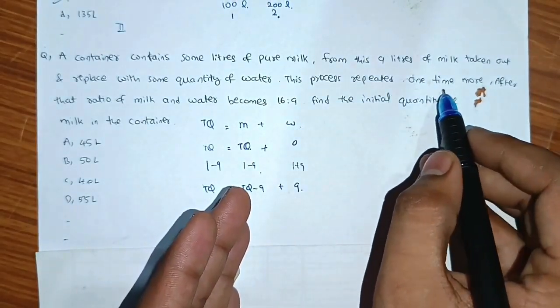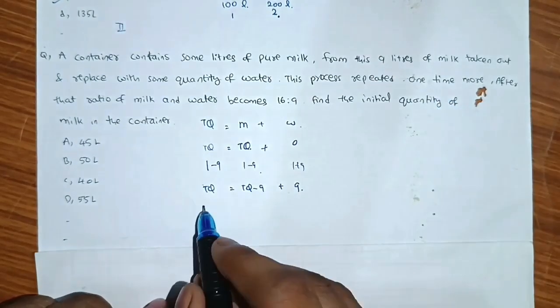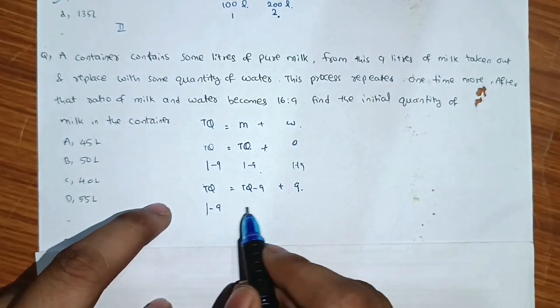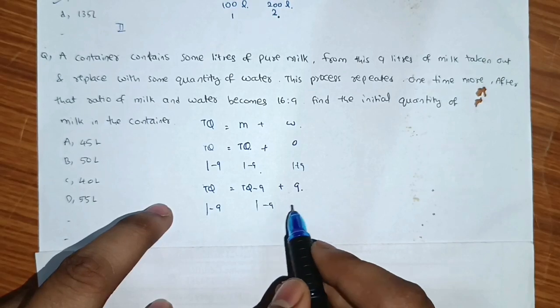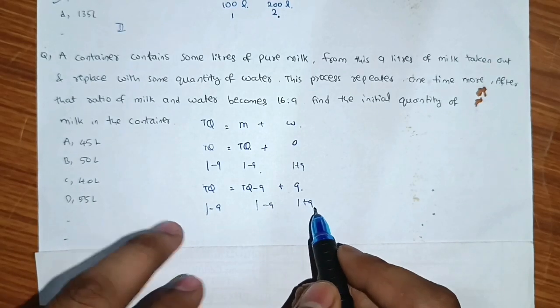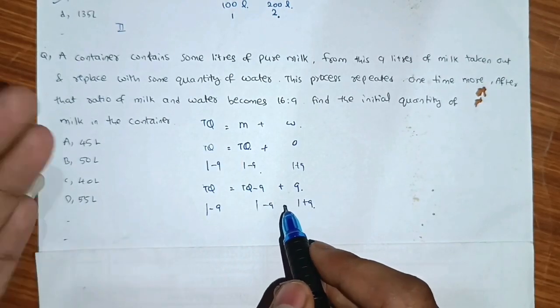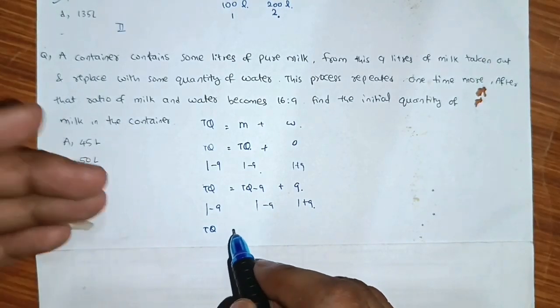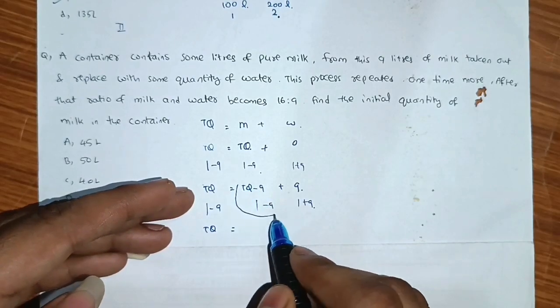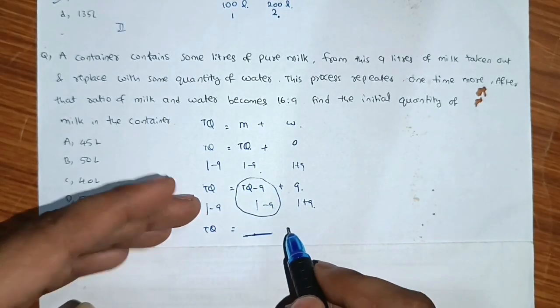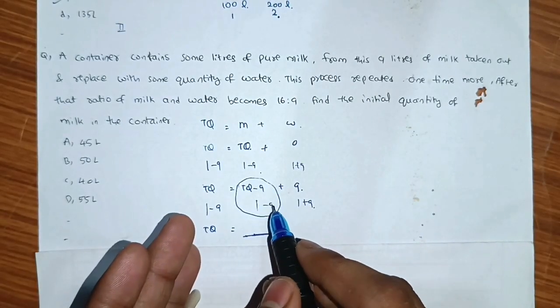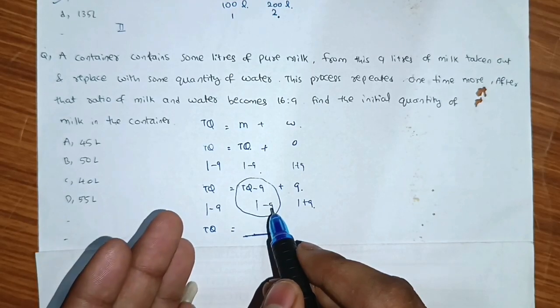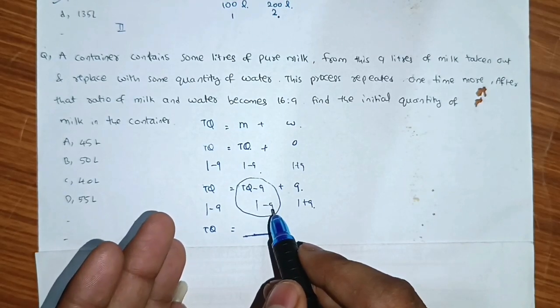This process is repeated one more time. So again from this it is removing 9 liters, and again it is going to add 9 liters of water. Then finally it is the total quantity, but here this is unknown. So TQ minus 9 minus 9, which is equal to TQ minus 18, you should remember that.